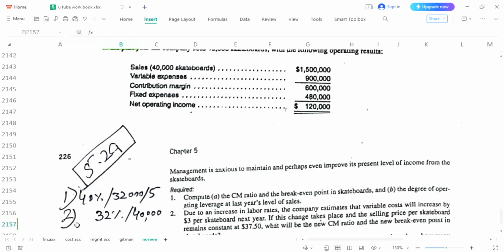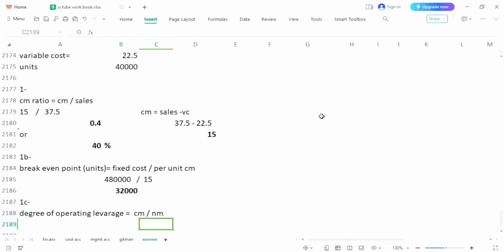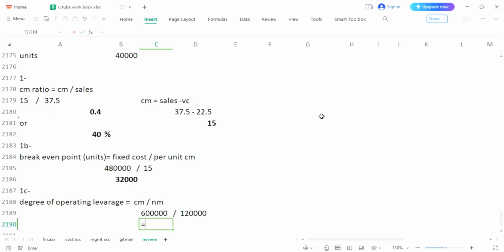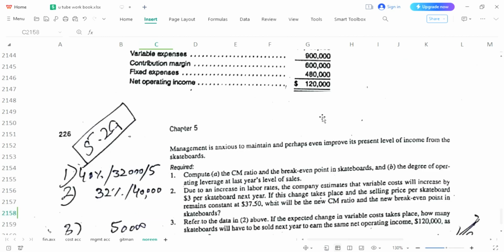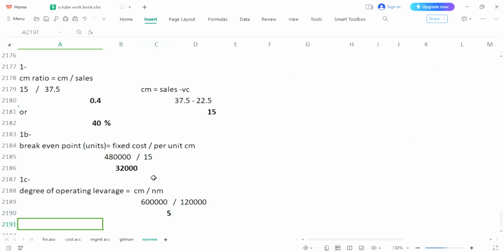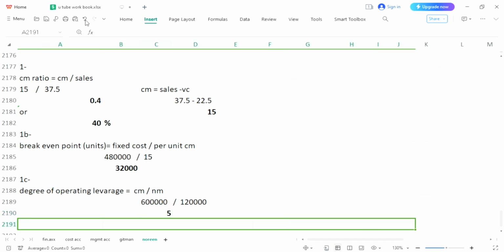Contribution margin is 6 lakh and net margin is 1 lakh 20,000. So 6 lakh divided by 120,000 gives the degree of operating leverage, and the answer is 5. This means our first part is completed, and we can mark it as done.